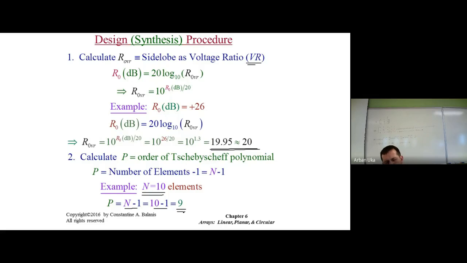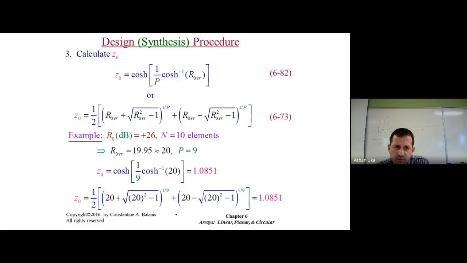Once we have an nth order Chebyshev polynomial, the polynomial is going to look something like cosine of n times omega. So we get a ninth order Chebyshev polynomial, and then we have to determine what is Z0.